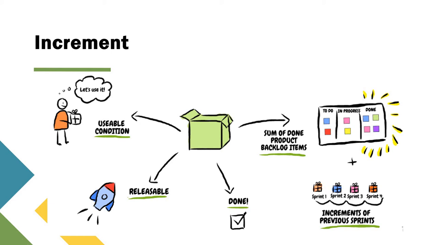Here you can see sprint 1, sprint 2, sprint 3, sprint 4, and in every sprint a few new features or increments will be added, all together giving the increment.